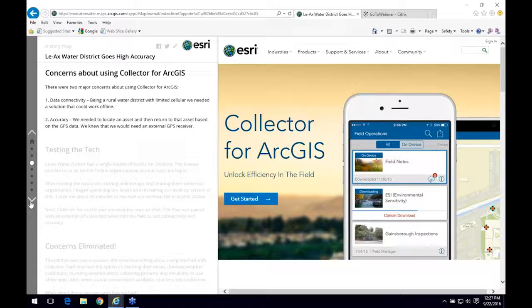So we have connectivity issues. But when Collector came out with the offline option, that was great. Now we could download that map, so if we go out along the roads and we knew that there wasn't going to be a cell tower or internet connectivity, we could download that map, take it with us, get our points, and then once we got back to a connection, we could upload it.